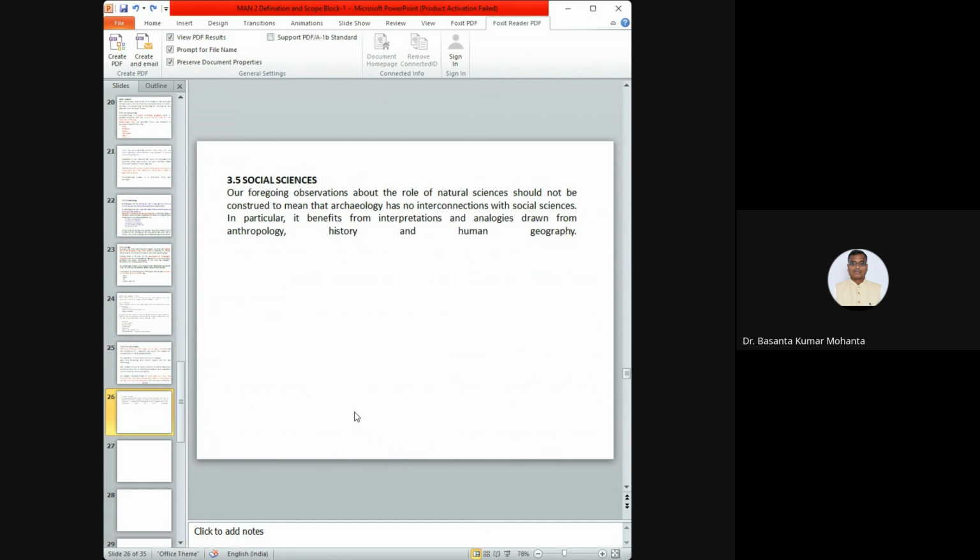So if we discuss the relationship of different sciences, whether intra or inter, we see a lot of connection, a lot of linkage among them, and they depend on each other.